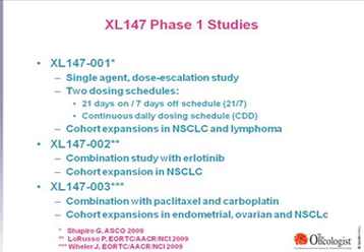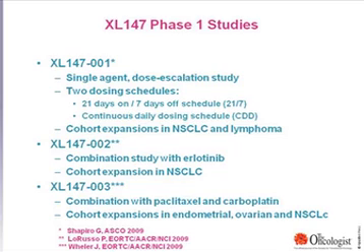Initial phase 1 studies have shown that it is safe. We have 2 dosing schedules. We have 21 days on and 7 days off, and then we have a continuous daily schedule. We also have a cohort expansion in the first study in patients with non-small cell lung cancer and lymphoma.